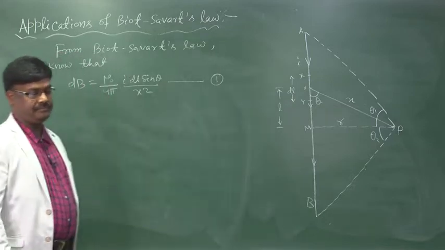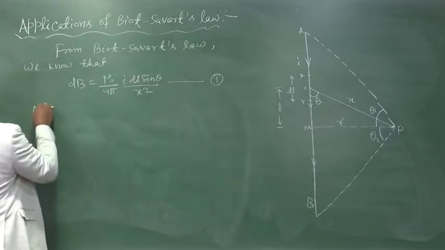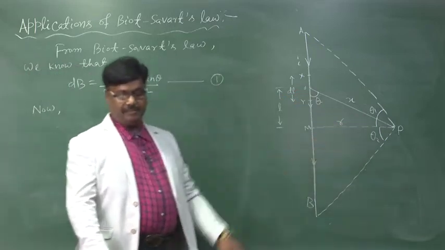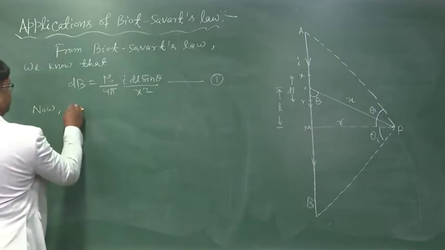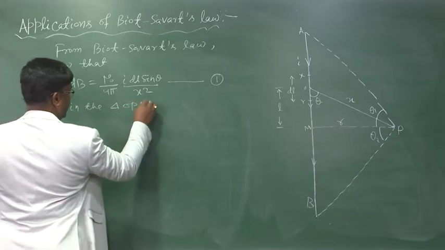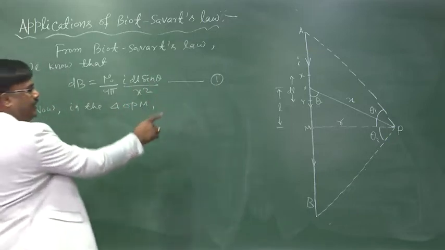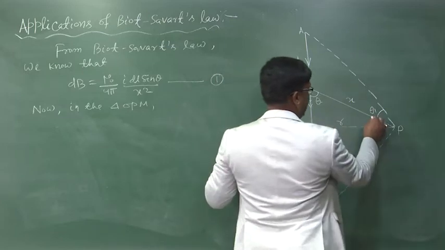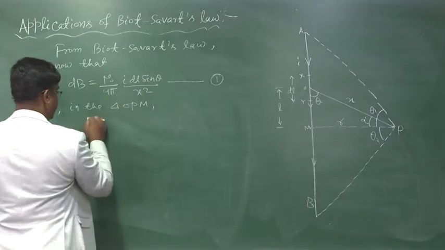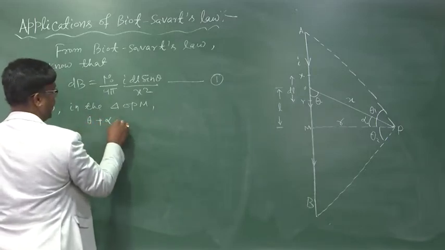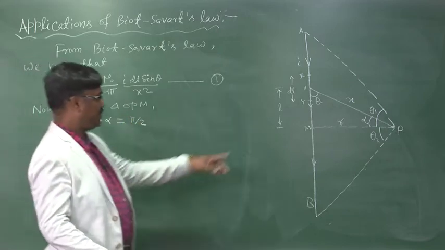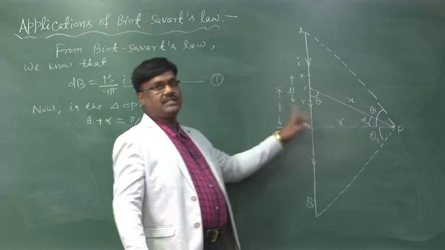Now in the triangle OPM, here is the angle theta and let this angle be alpha. So, we can write theta plus alpha equal to pi by 2 or 90 degrees.